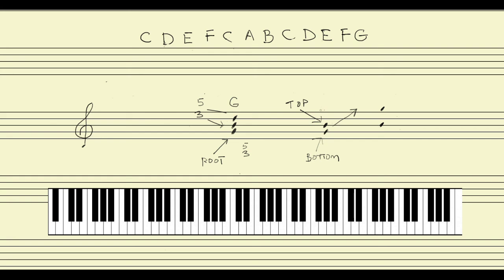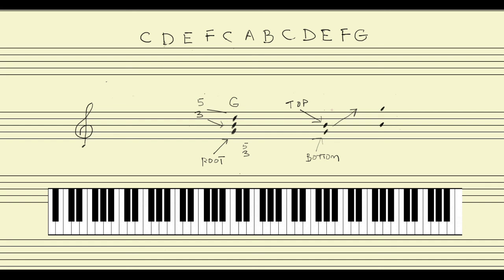Here's the second one. Two intervals. Both of those intervals consist of a G and a B. But in the first one, their positions are one way. In the second one, their positions are flipped. And they're basically two states that you can have with a two-note interval. You can have one note in the top and one in the bottom, and then you can have that order flipped.